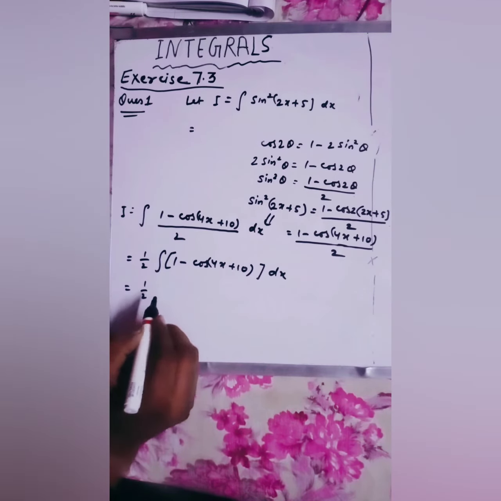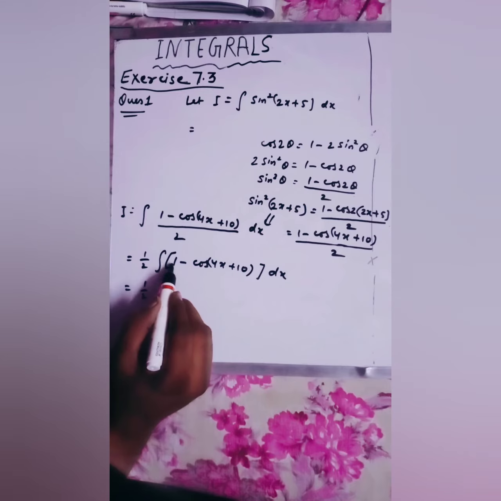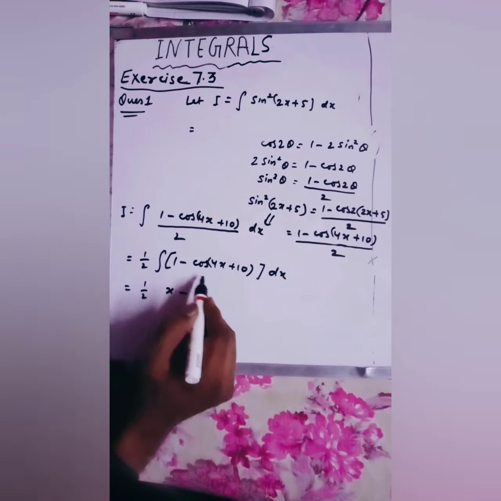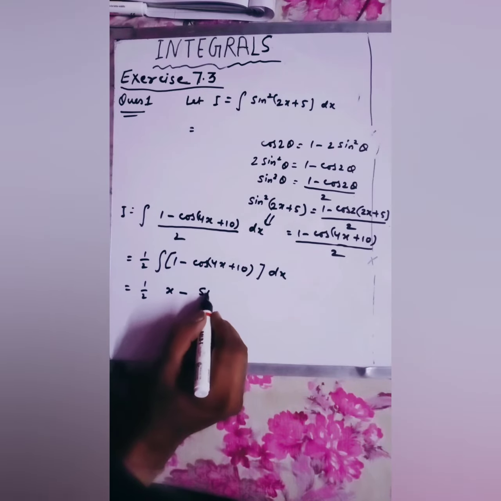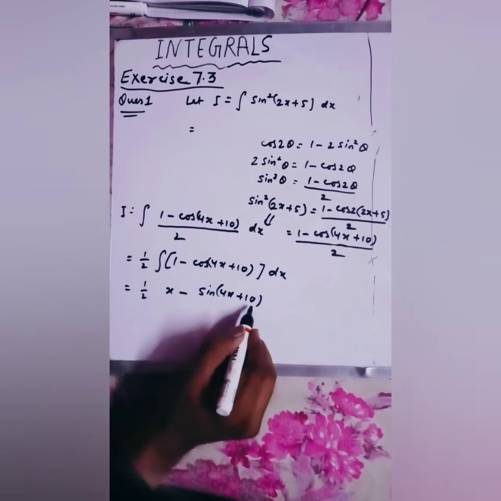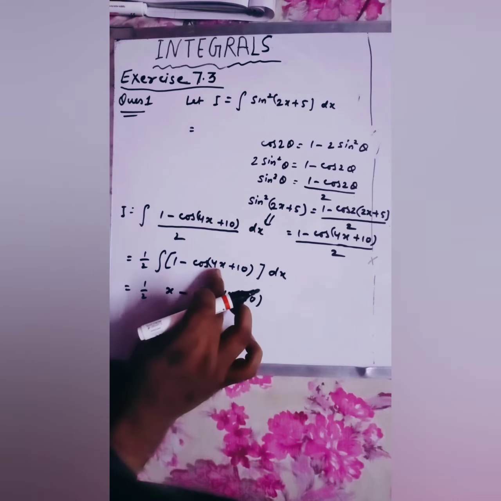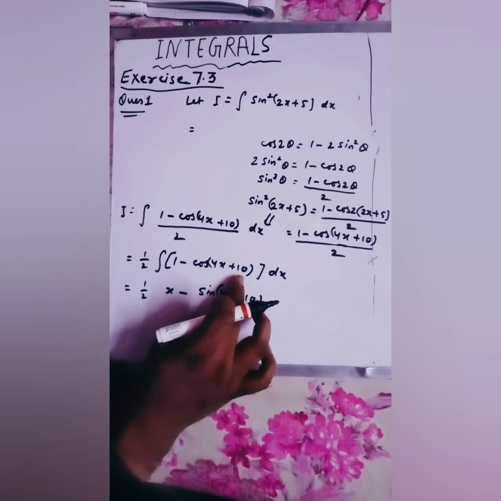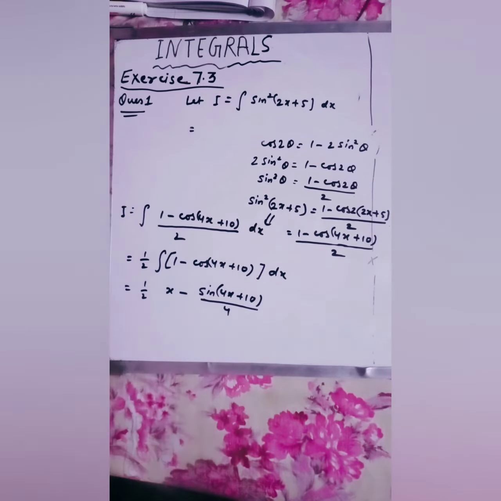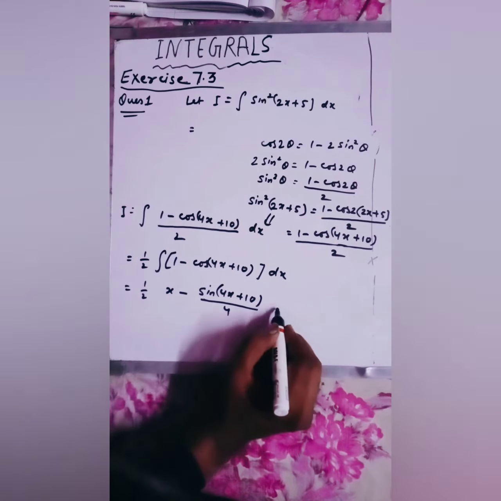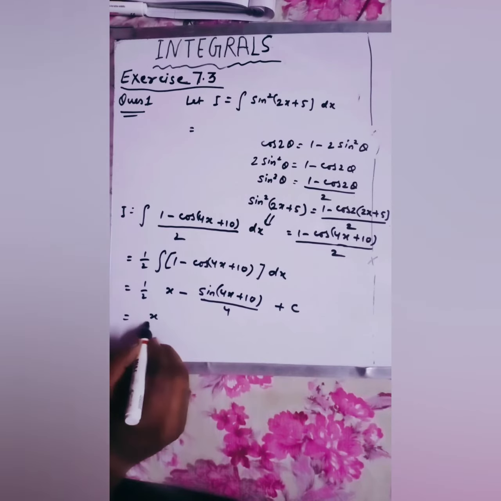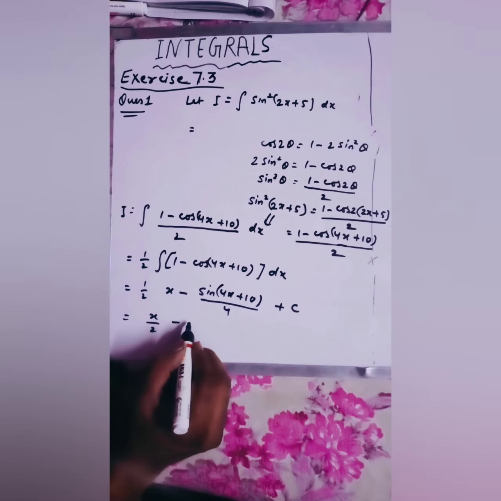This half will be outside, and the integral of 1 will be x only, minus the integral of cos, that would be sine (4x plus 10) over the derivative of the angle. The derivative of this will be 4, so you have to write 4 in the denominator, plus c.